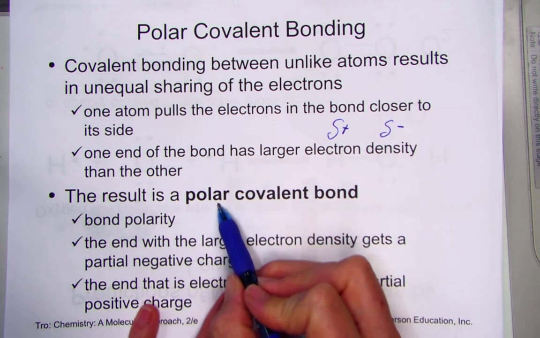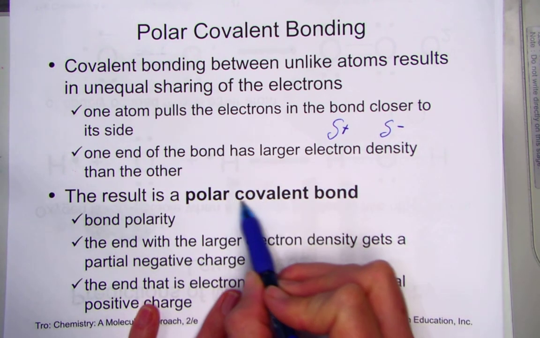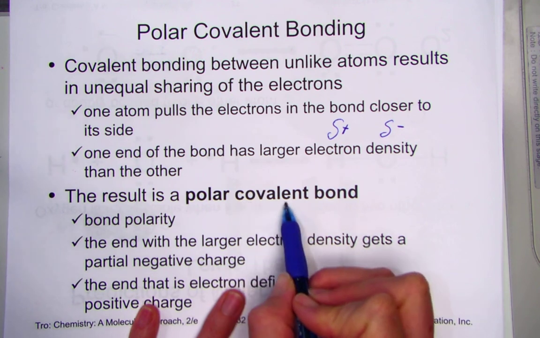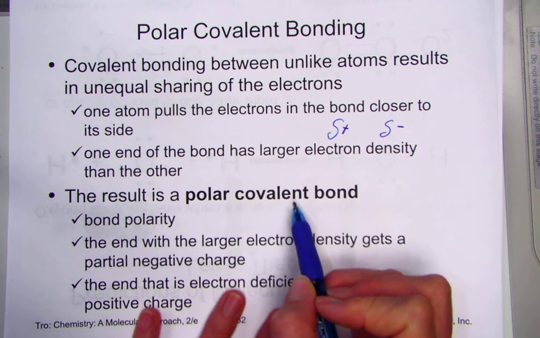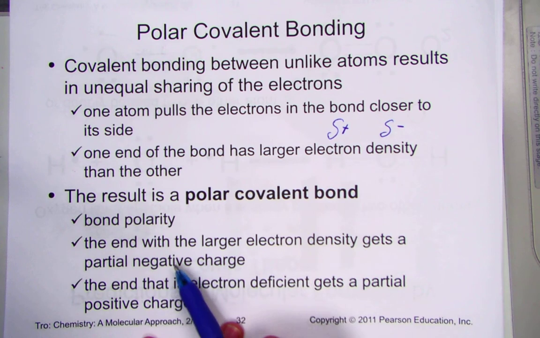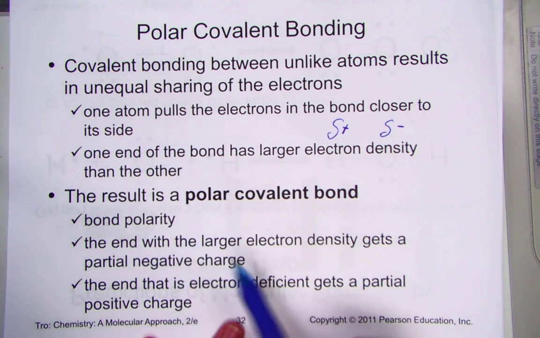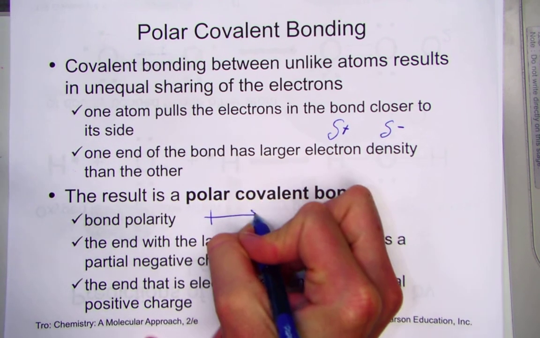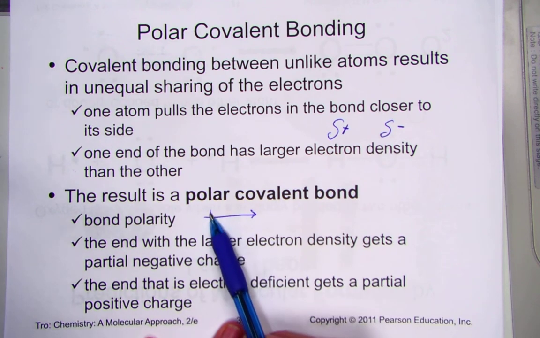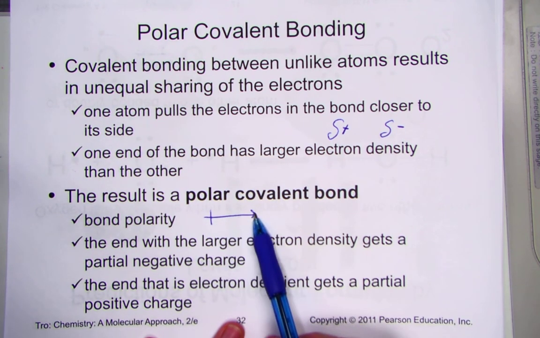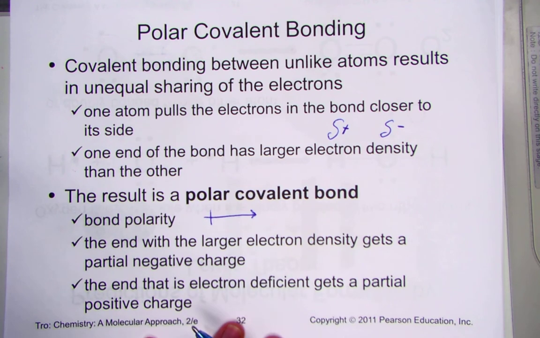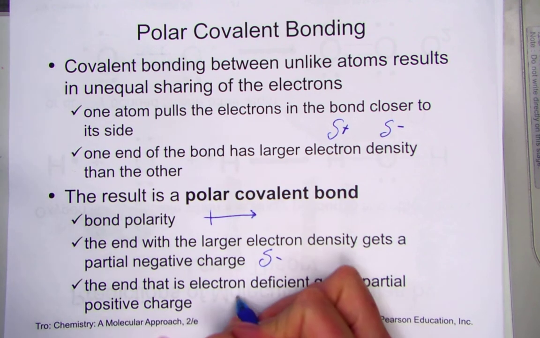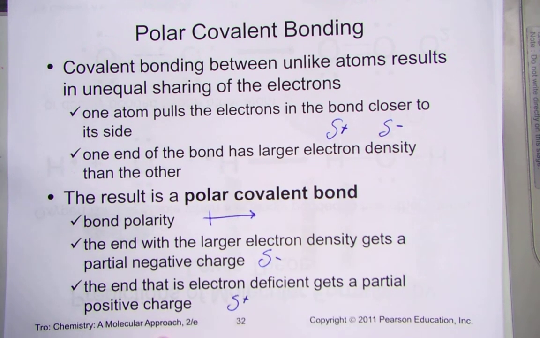So the term polar covalent bond is referring to an electron pair that is being shared unevenly in a covalent bond. So that results in bond polarity. The actual bond polarity has a symbol shown with a little positive end towards the more electronegative element. The partial negative charge ends up to have the larger electron density, and the partial positive sign is given to the electron deficient atom.